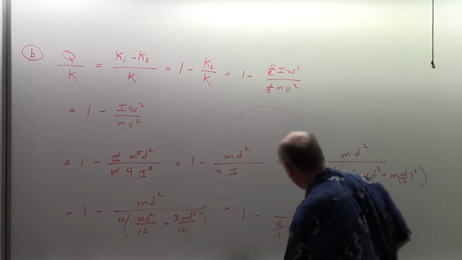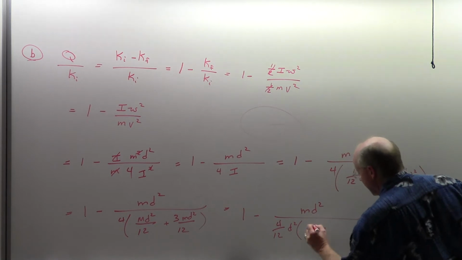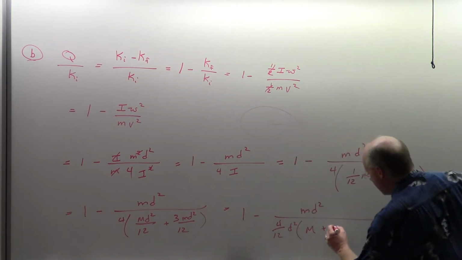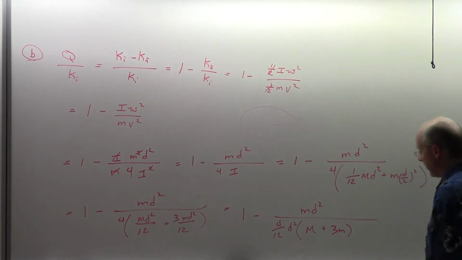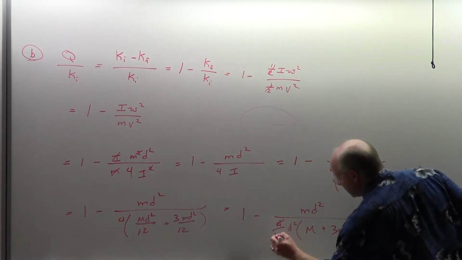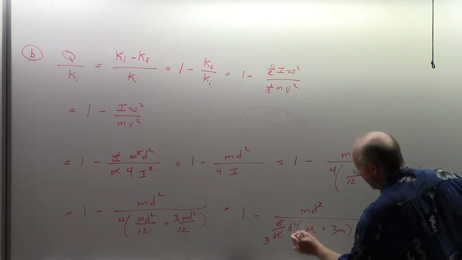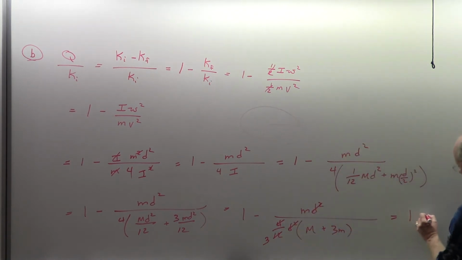So if I factor out a d squared and a 12, I get an m. If I factor out a 12 and a d squared, I get a 3m. And of course, what's nice about this is this reduces a little bit to a 3, and the d squareds cancel off. And so I'm left with a 3m in the numerator, that 3 with that m, and then a capital M minus a 3m. Now I'll do my common denominator. All right. I was trying to be nice to you.